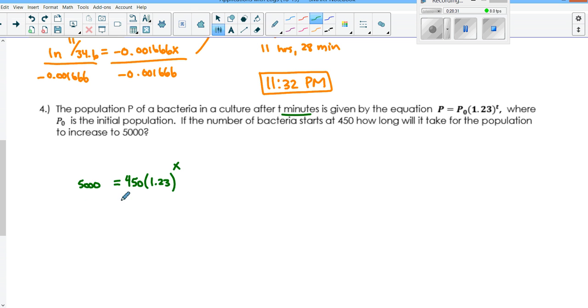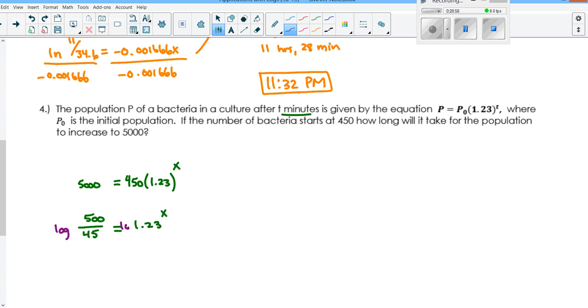Okay, so first step is to divide. When we divide, it divides nicely, but I don't want to pick up a calculator yet. So I'm just going to cancel out the zeros and say that this is 500 over 45. It would simplify very nicely though, because divide by 5 equals 1.23 to the x. Okay, I'm going to take the log of both sides.